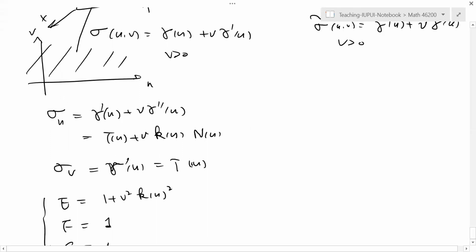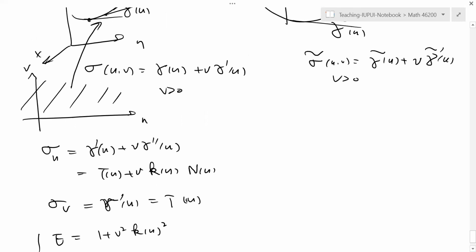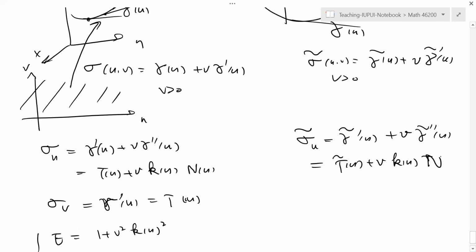Now on the other side, I also have a surface patch. So sigma 2 dot u is gamma 2 dot prime(u) plus v. Similarly, you get T 2 dot(u) plus v k(u) times the normal vector, right?